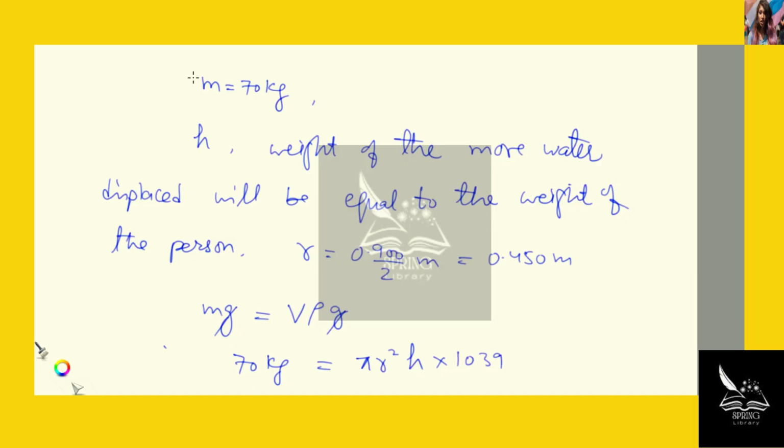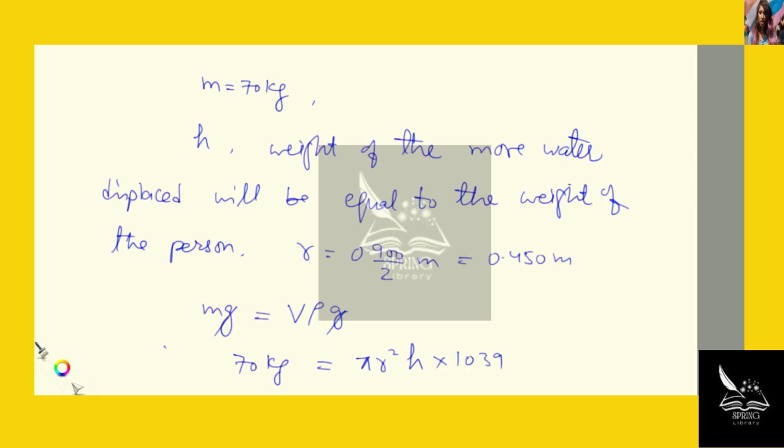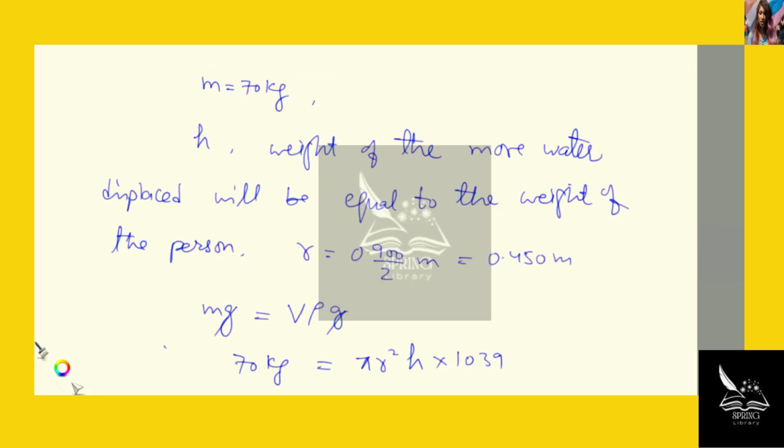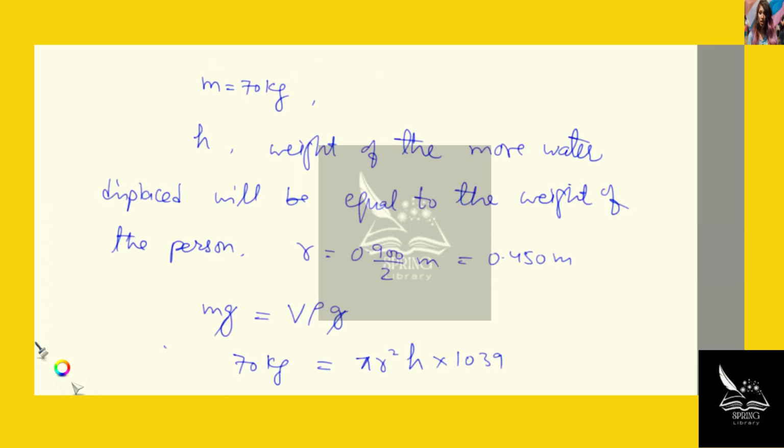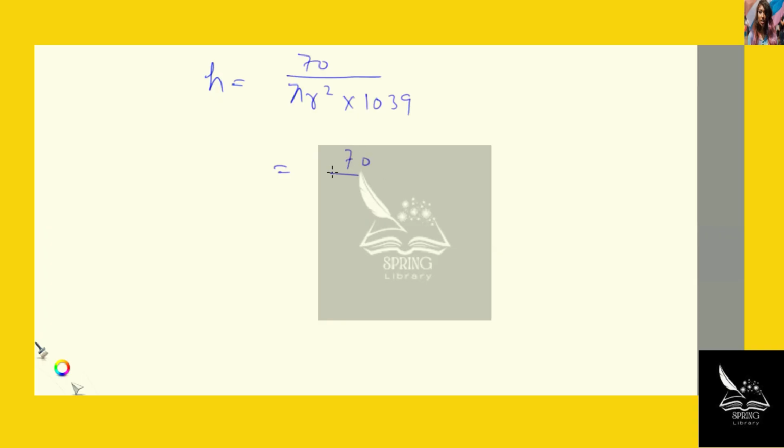Hence, the expression for height will come out to be 70 divided by pi r square into 1039 for the density of the salt water. Here, this is 70 divided by 3.14 divided by 0.450 to the whole square and 1039.